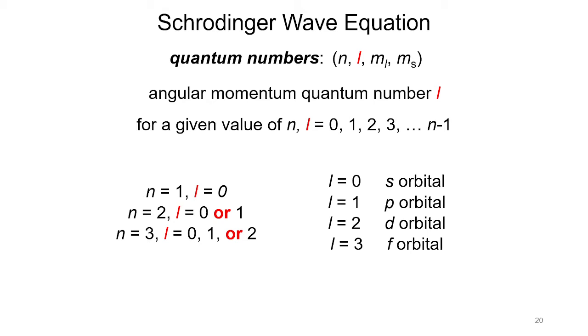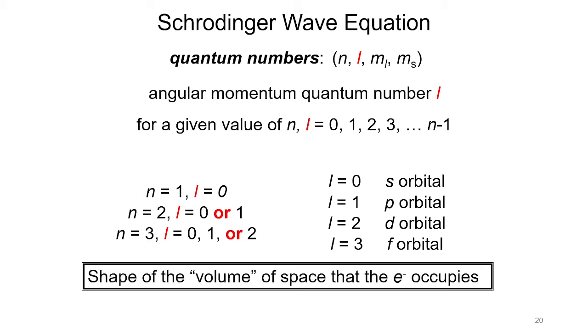So 0, 1, and 2 are locations, wherein those locations are called s orbital for 0, p orbital for 1, and d orbital for 2. For L equal to 3, we have the f orbital. That is for the fourth energy level. Okay?